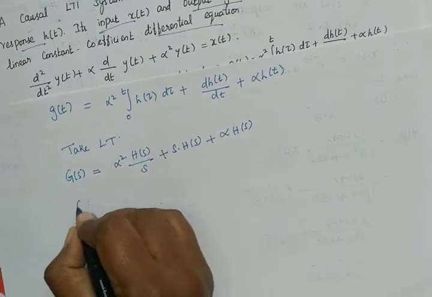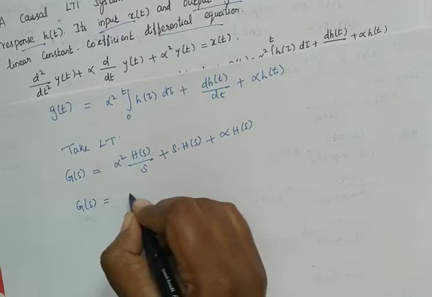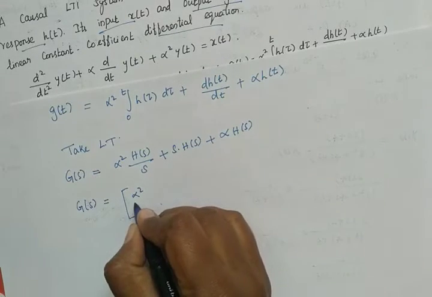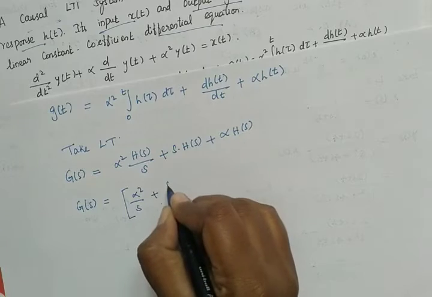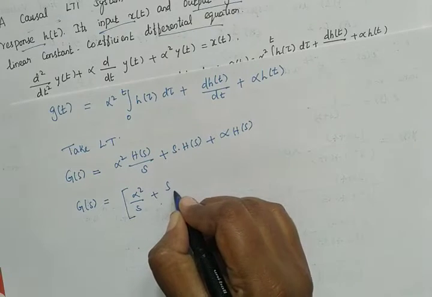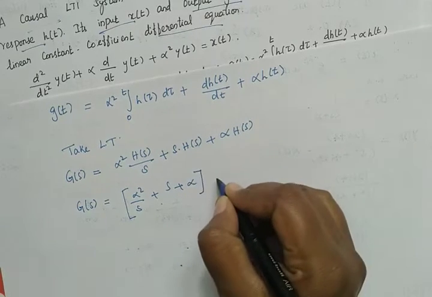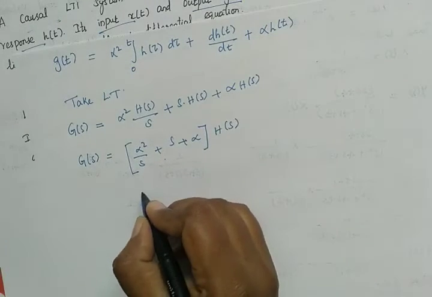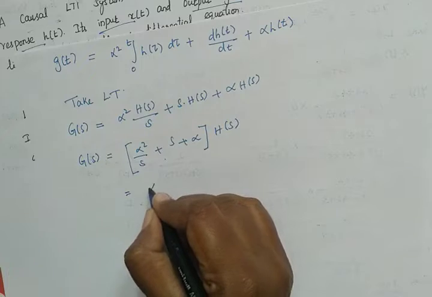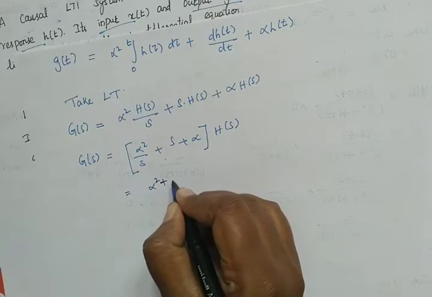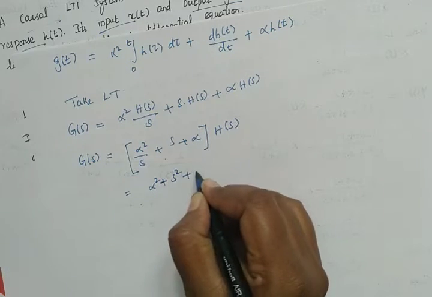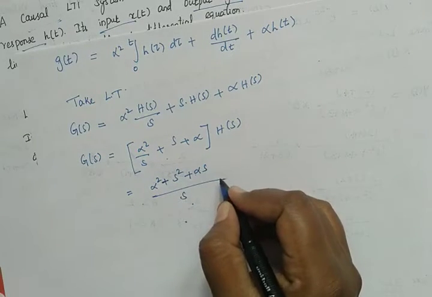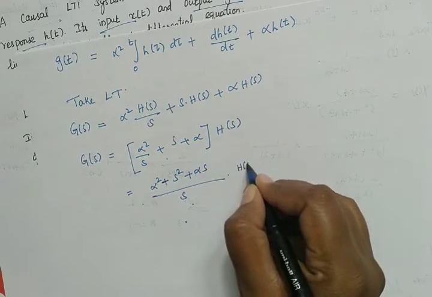Now we can write the same expression as G(s), taking H(s) as common: alpha squared by s plus s plus alpha, times H(s). This equals alpha squared plus s squared plus alpha s, divided by s, times H(s).